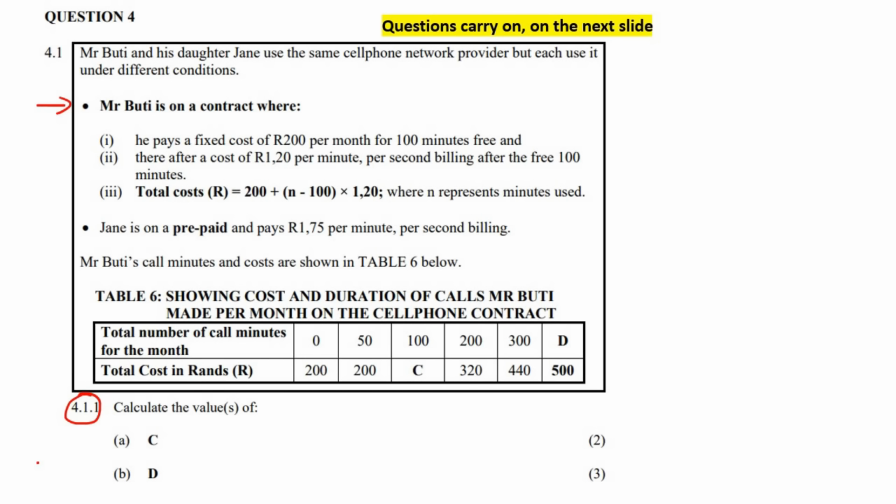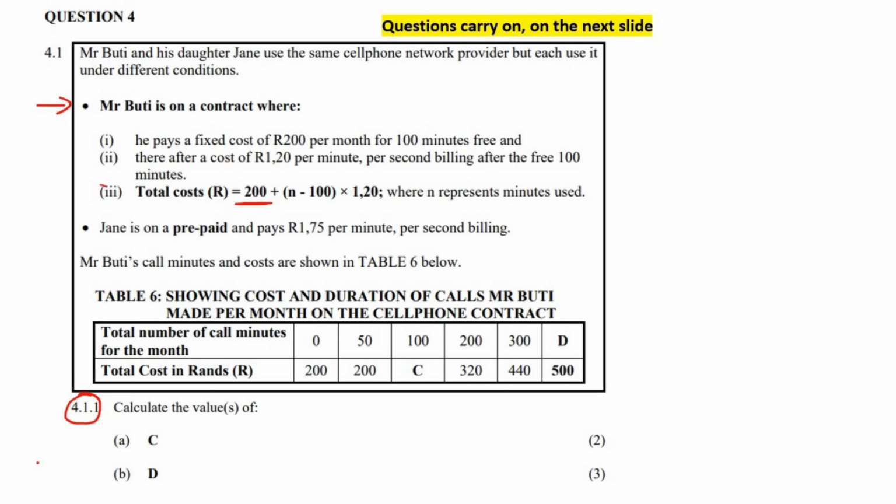So the total cost, so think about what he pays per month. How would you work out what he pays? Well, he always pays 200 Rand, okay? And then you need to see what this part over here would be, which is calculating if he goes over 100 minutes, then you multiply that by 120.